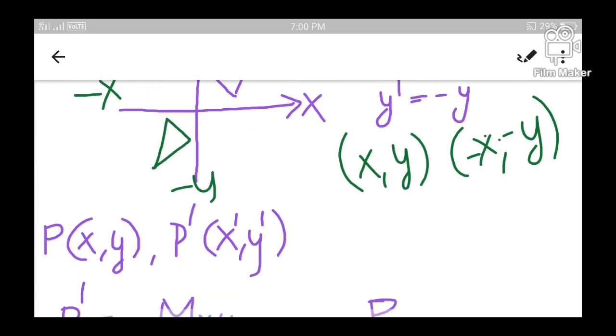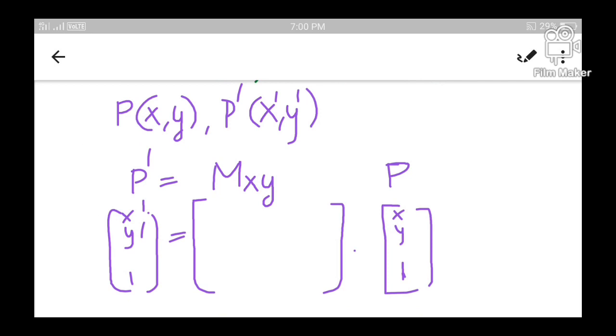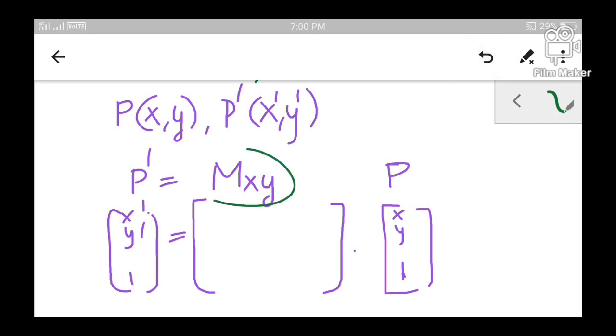Now directly moving on to matrix representation. We know that the initial point P, when reflected about the perpendicular axis, P dash is obtained. Reflection about perpendicular axis is represented by M xy because M represents it is a mirror image.